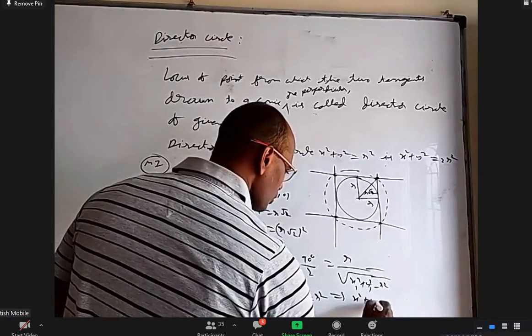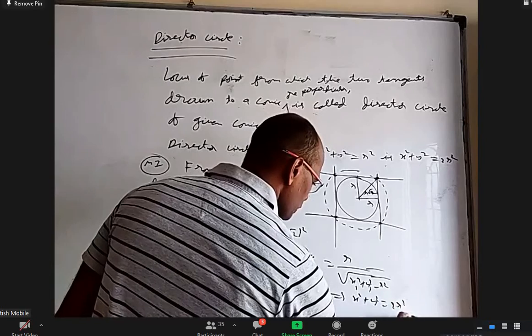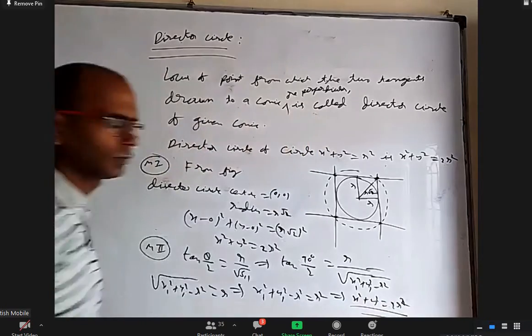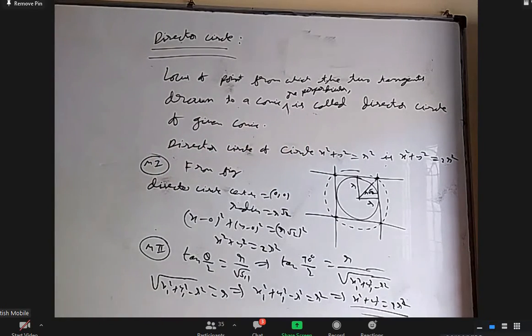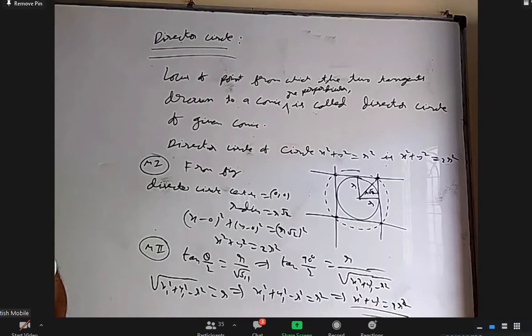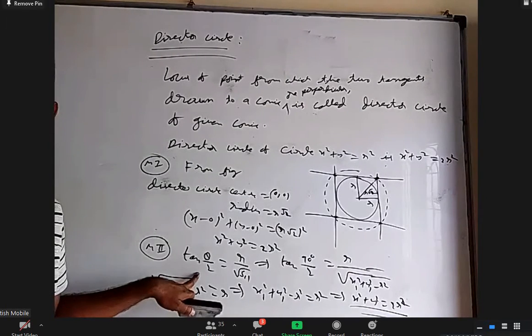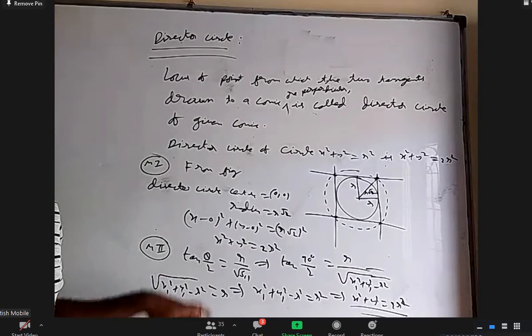From this we get x² + y² = 2r². Also remember that we derived this formula tan(theta/2) = r/√S11.